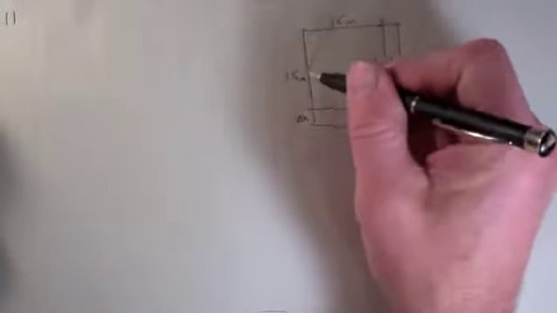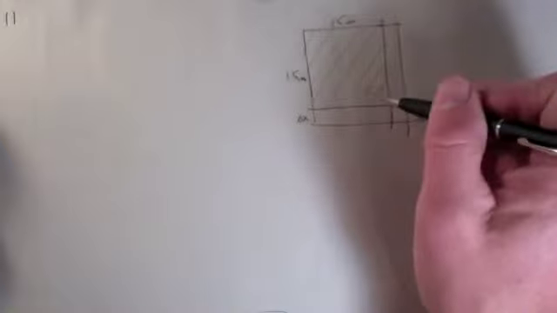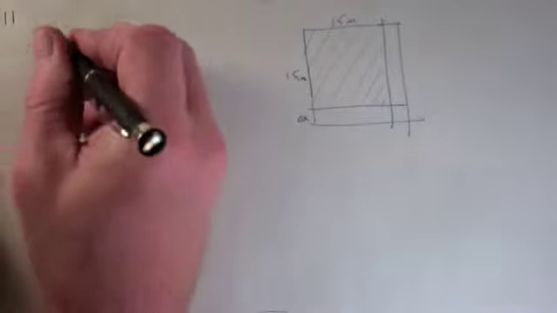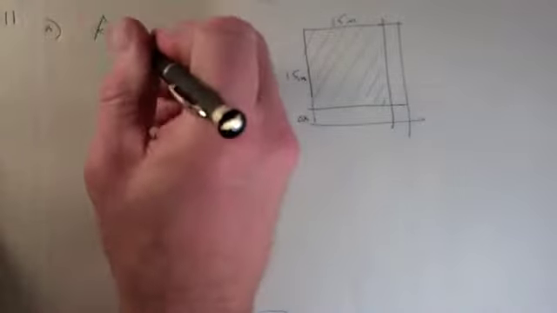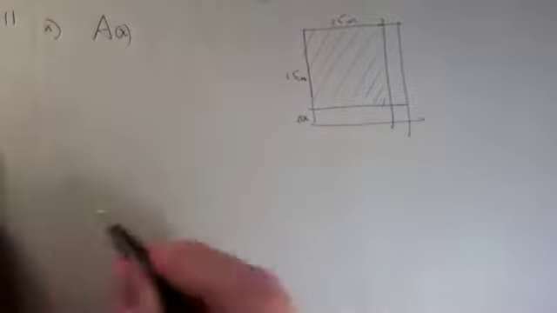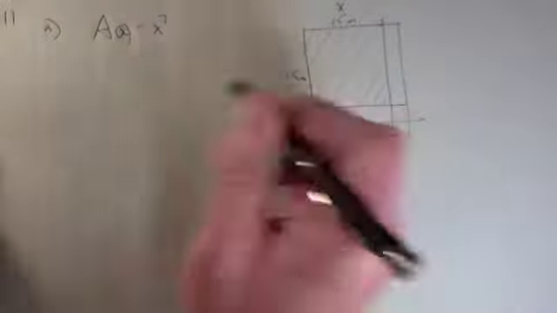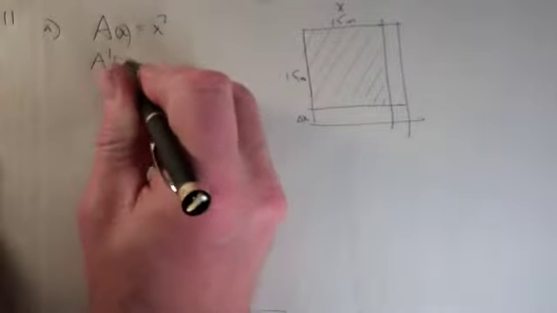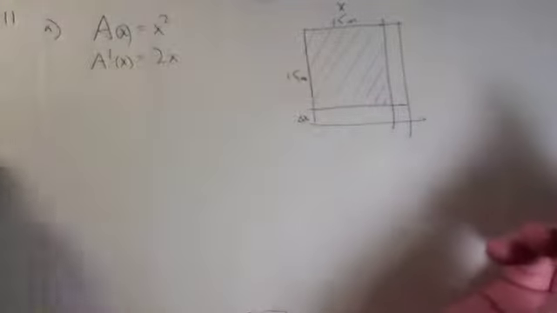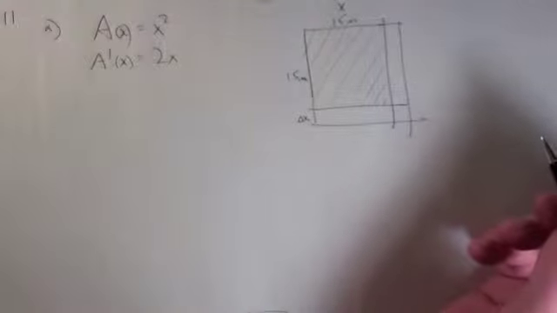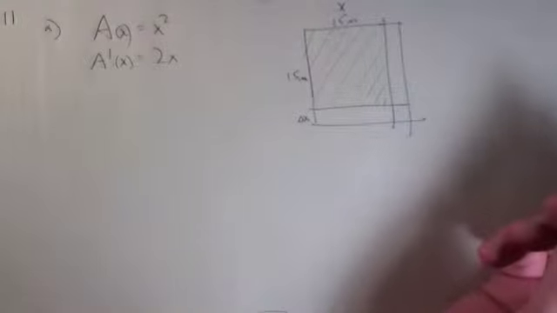Alright, so this is the original 15 by 15 wafer. Of course the area based on its dimension x is going to be x squared. So A prime of x is a very straightforward 2x. And we are asked to look at this geometrically in the second part, also to show that it's half the perimeter.